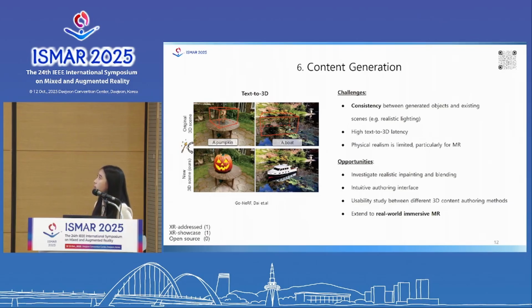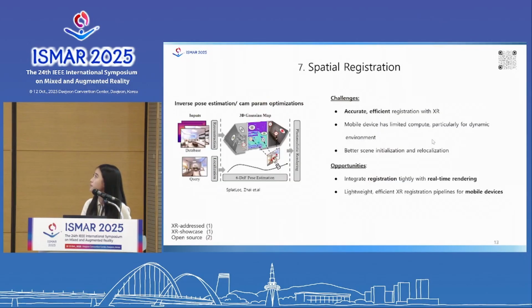And here again, the consistency of the generated object in terms of light, physics, and different material aspects is a challenging research question. Also, how to bring such content generation and editing capability beyond VR environments to immersive mixed reality is a challenge and presents enormous potential for research.